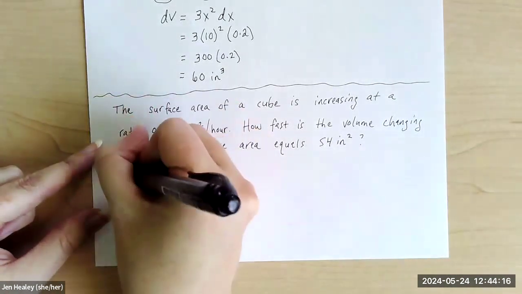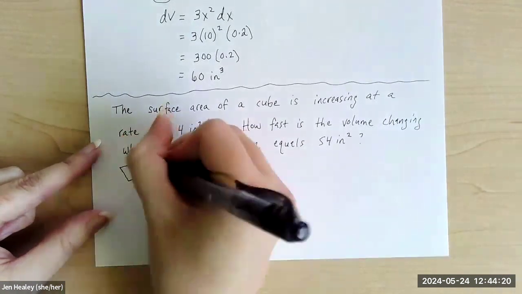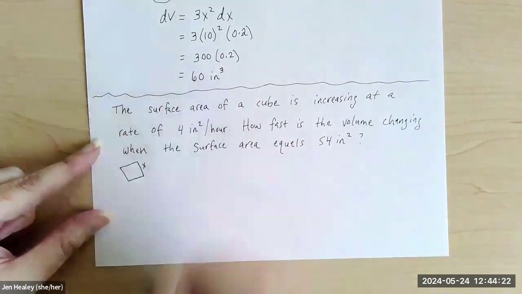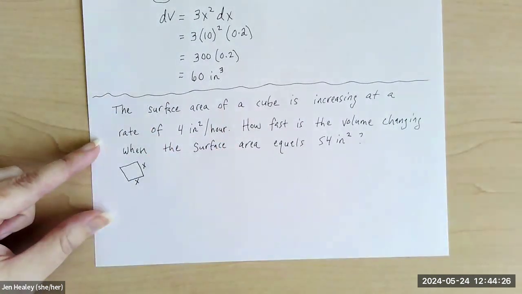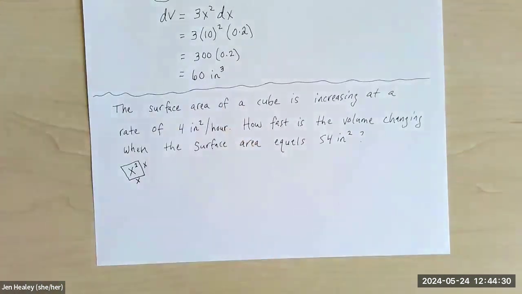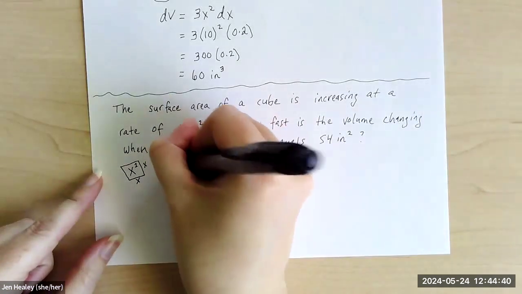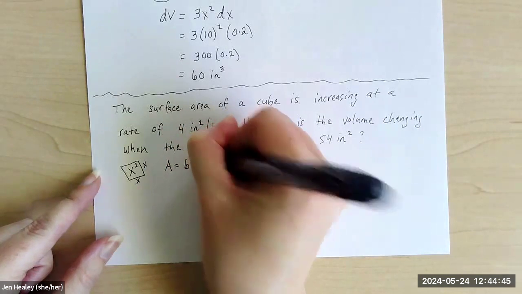Each of the faces is a square, right? So if this side length is x, this side length is also x, so the area of one of the faces is x squared. On a cube, how many faces do we have? 6. So your surface area, I'll just say area, is 6 times x squared. Is that okay?